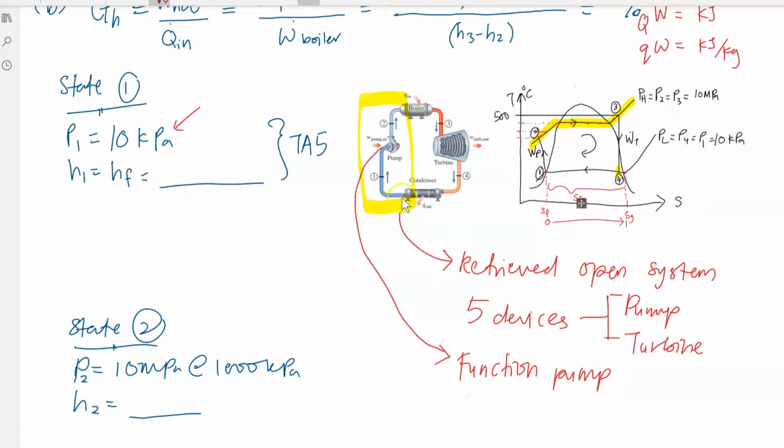Basically, the function of this pump is to pump the water, the steam that has turned into water, into the cycle, and the cycle repeats. So the pump moves the water from the condenser to your boiler.